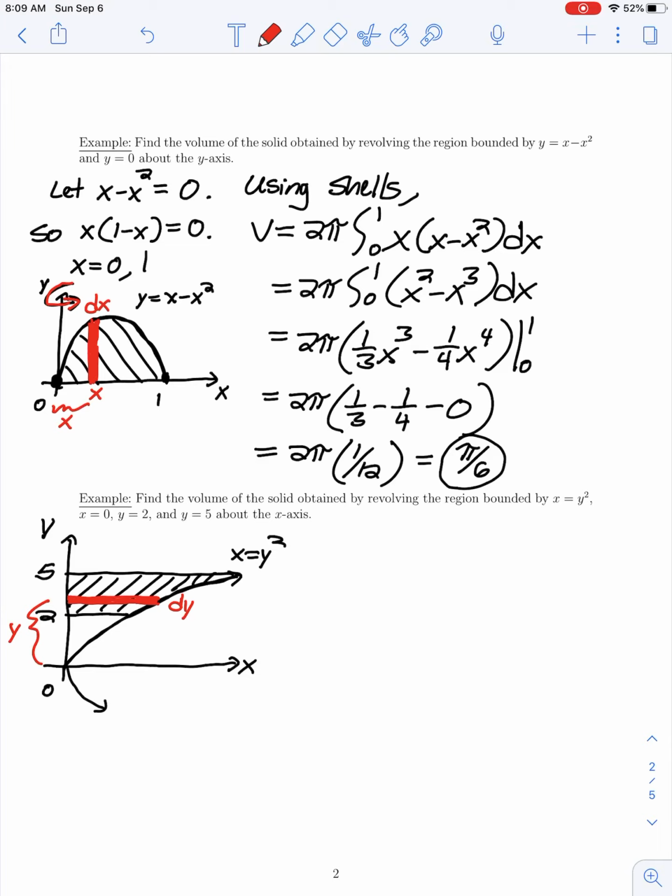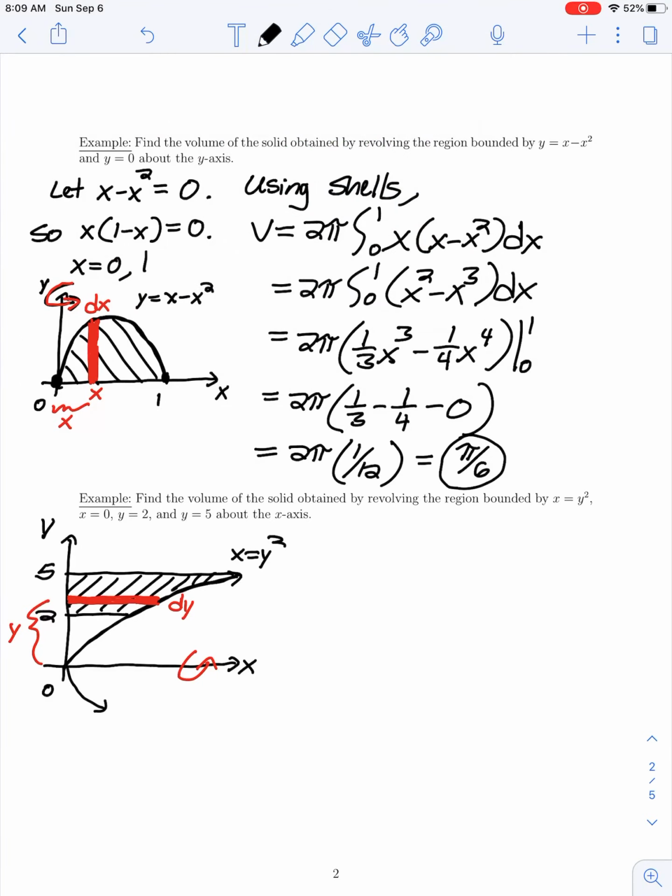And we're going to revolve this about the x-axis. So if we're taking a horizontal slice and we're revolving it about a horizontal line, then we would get a shell shape for that cross-section.